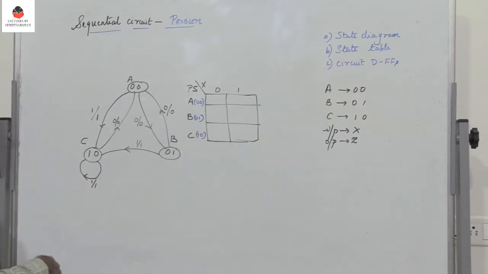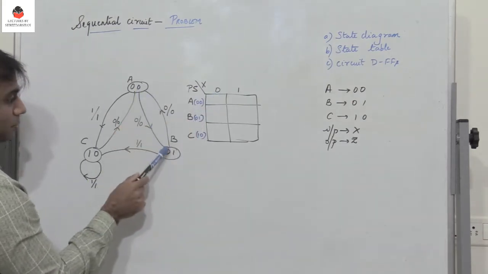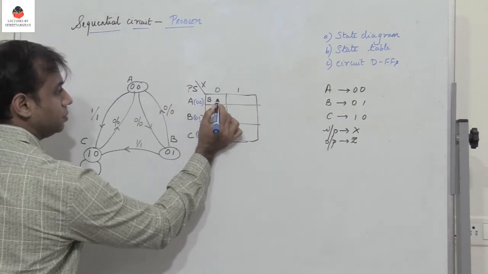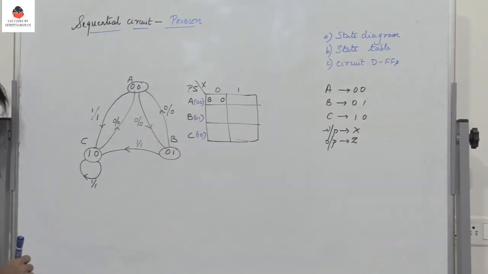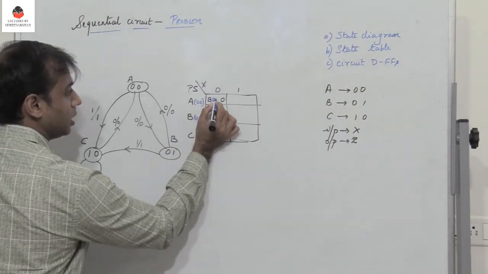Now if the circuit is in state A and input X is 0, then what happens? It goes to state B with an output 0. Now what is state B? B is nothing but 0 1, so I'll write 0 1 here.